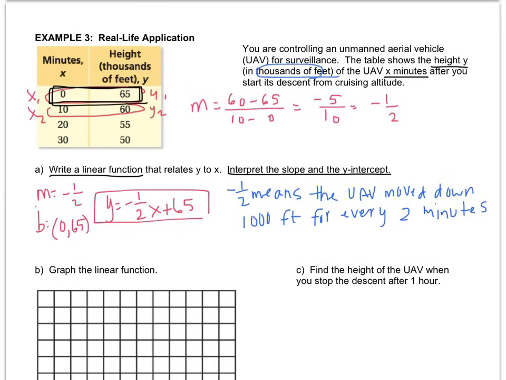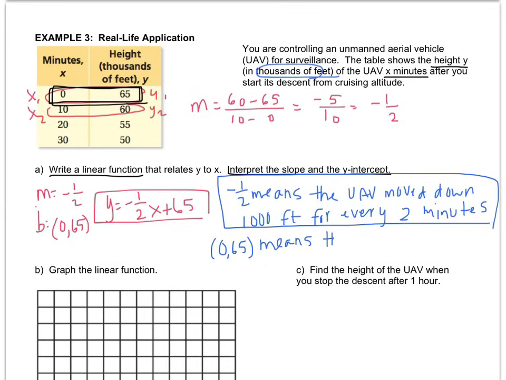And now I have to interpret the intercept. The intercept is 0, 65. 0, 65 means the UAV starts 65,000 feet up.